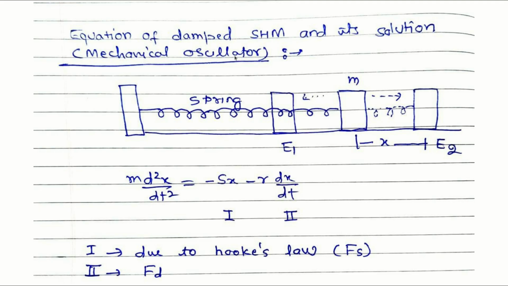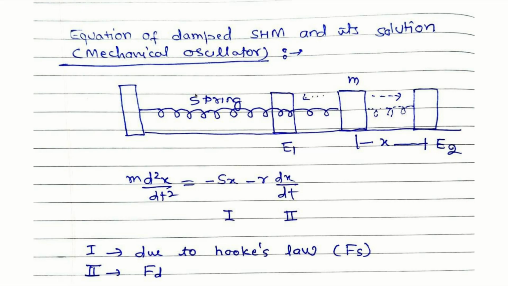In the last chapter, we studied the equation of undamped simple harmonic motion and found its solution. The same article was in the first chapter, but that belonged to the undamped oscillator, whereas here it is the damped oscillator. So we will consider a damped oscillator in which damping will occur.